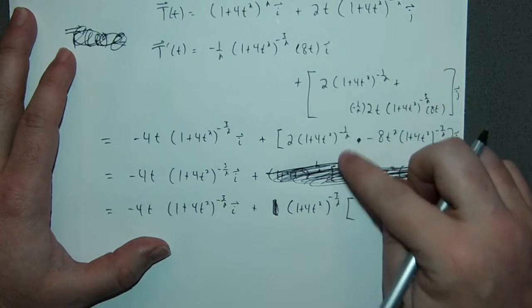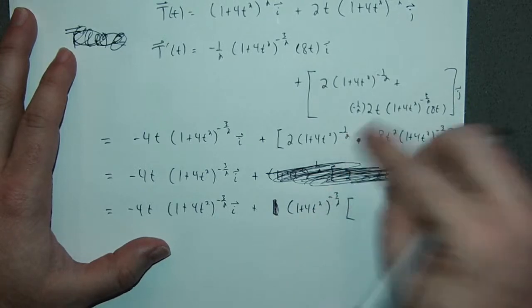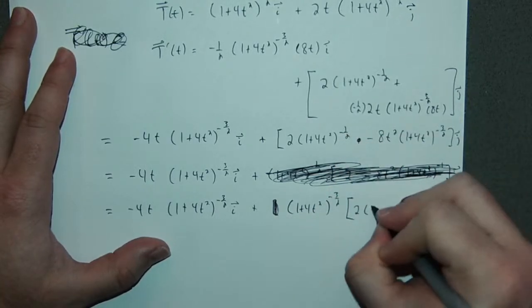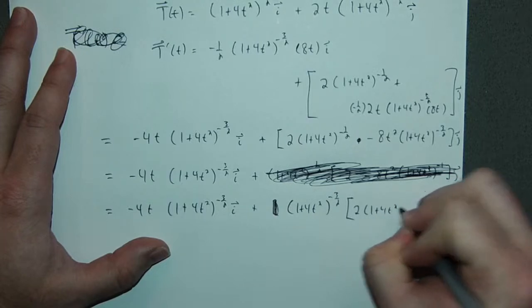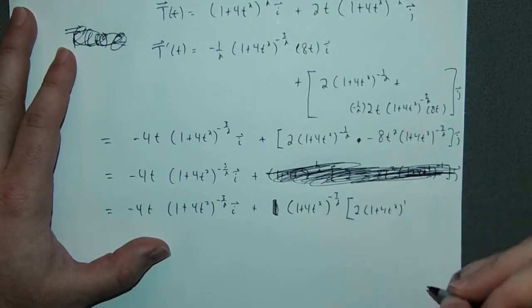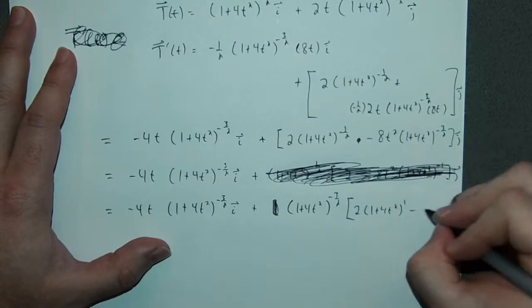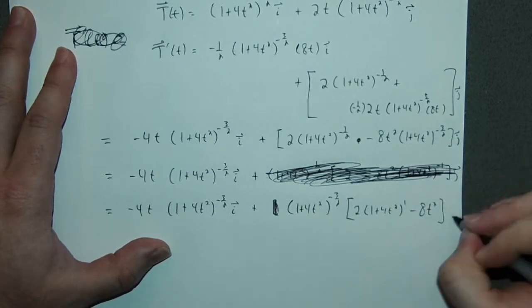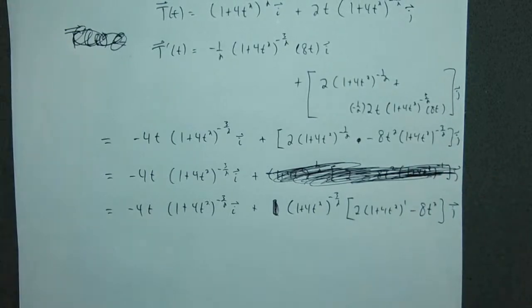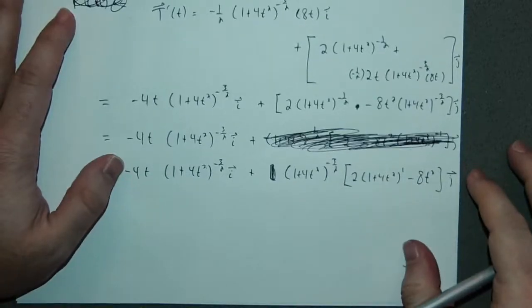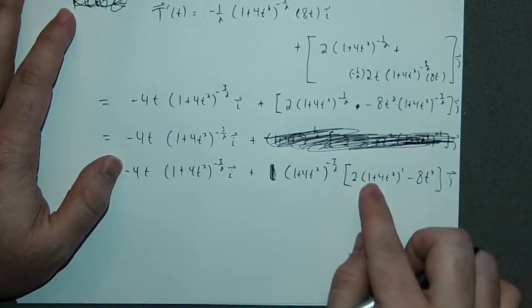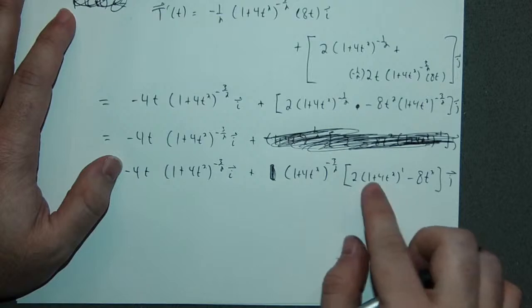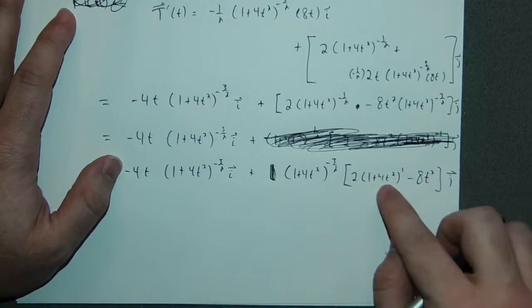That's the same thing as multiplying by (1 plus 4t squared) to the 3/2 here. And so what is left is 2 times (1 plus 4t squared) to the first minus 8t squared, times j. There we go. Now this is nice because I'm going to distribute the 2 times (1 plus 4t squared), and the 8t squared cancels out.